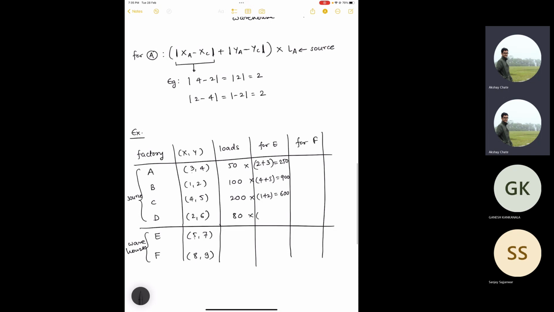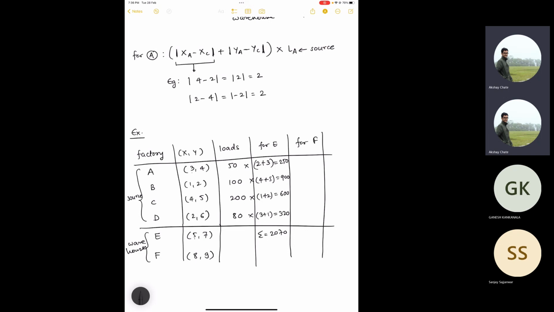Then 2 minus 5, 3, 1, so 4, 320. Okay, so now you sum it up. So this is the summation, 2070. I think the summation is fine.